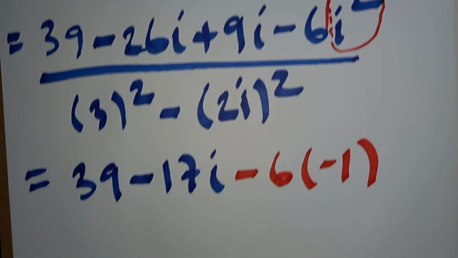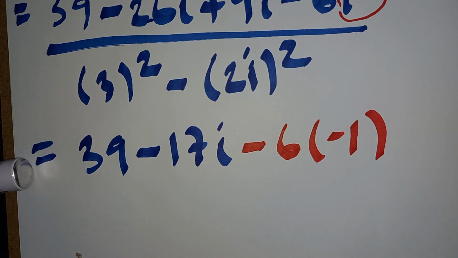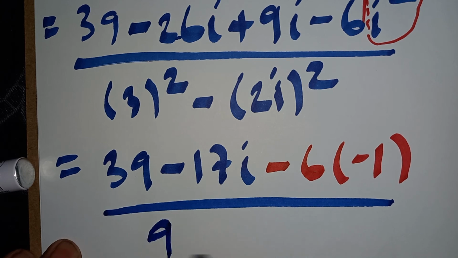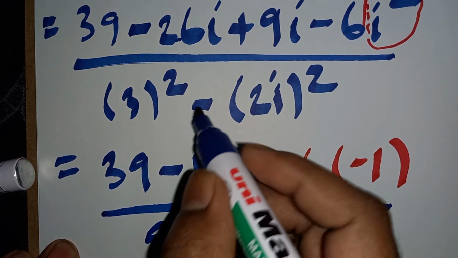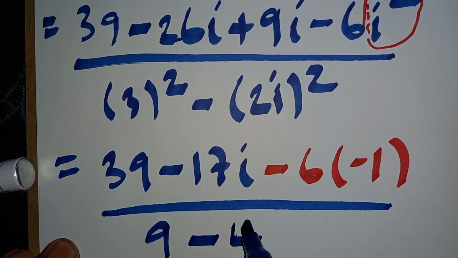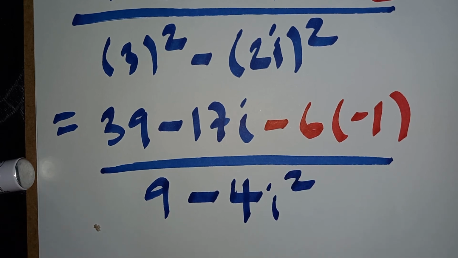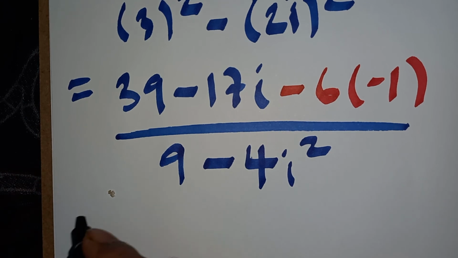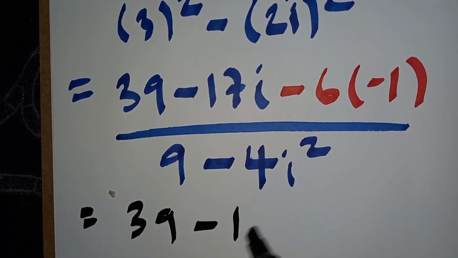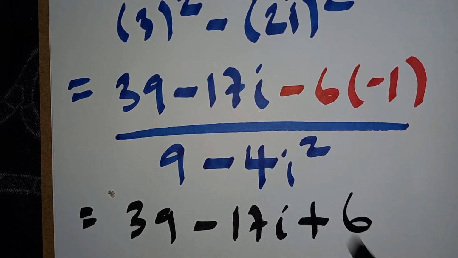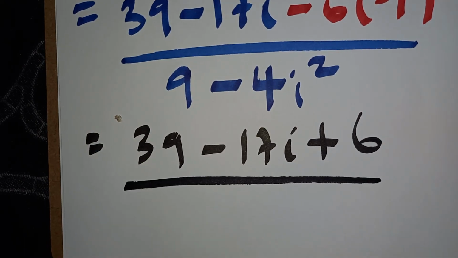And then we have our denominator, of course, 3 squared will give me 9, and then minus 2 squared will give me 4, and i with square, so i squared. Again we can simplify this further. So we have 39 minus 17i, minus 6 times minus 1 will give me plus 6.